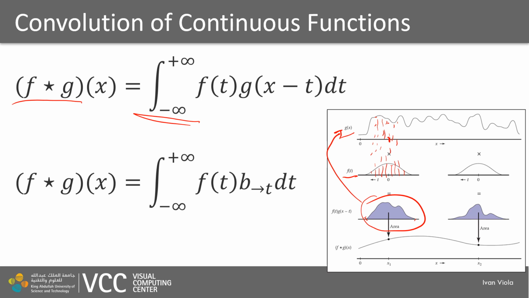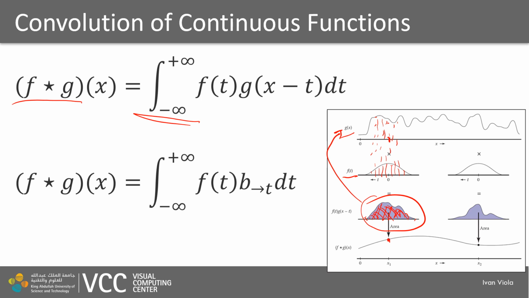But this is an integral, and the integral results in the area under our function. So this is the integral value, the area, and its value will be plotted in this convolved signal of f and g.